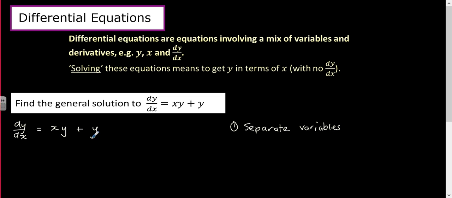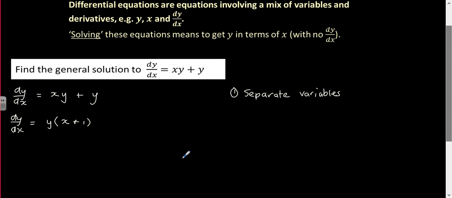If I want to move all of these y's over to the left, I'm going to have to factorize first. So I'll take y out as a common factor over here, and I've got x plus 1. You might be able to see where I'm going with this. Now I want to get this y over to the left. To do that, I'm going to divide both sides by y.